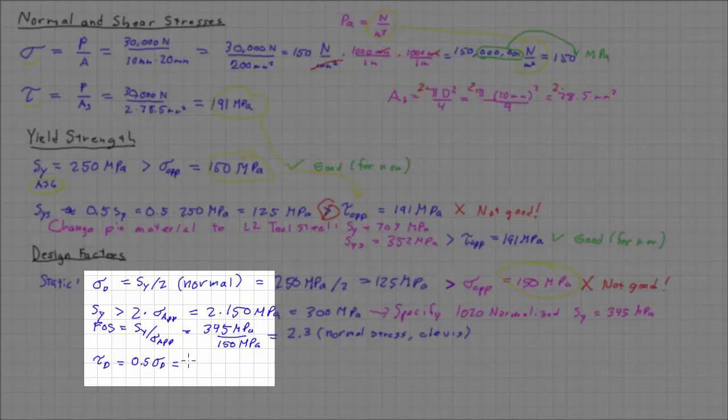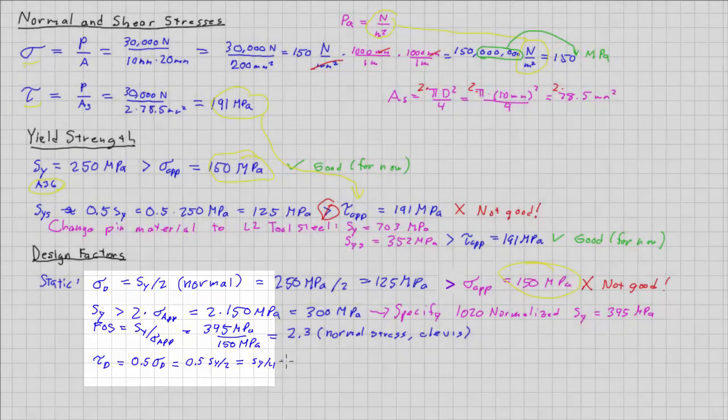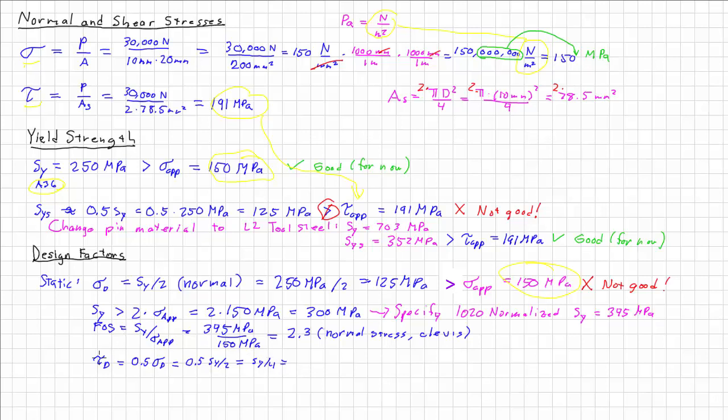So this makes it 0.5 yield strength over 2, or to simplify it a little bit, the yield strength divided by 4. Now we used a different material on the pin, and their yield strength there was 703 megapascals.